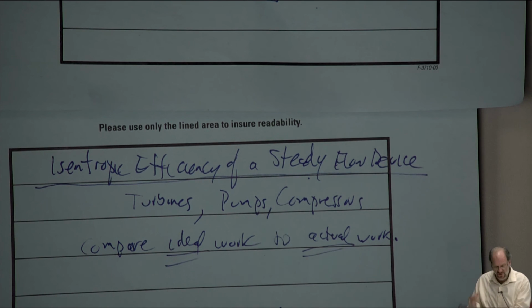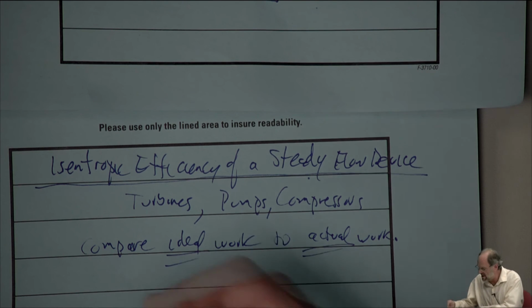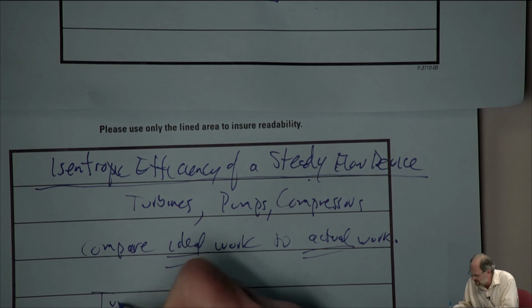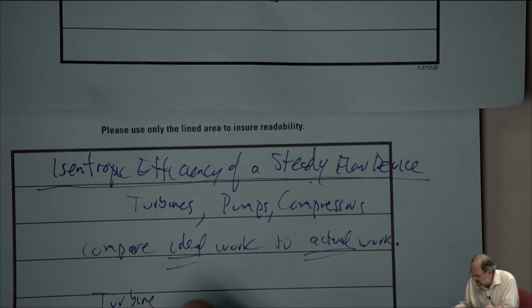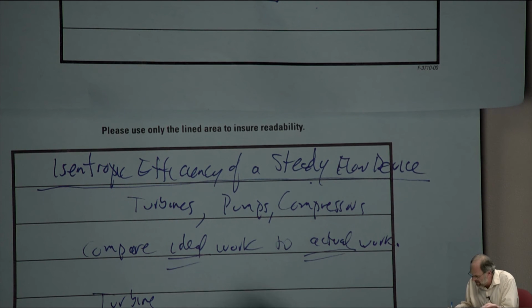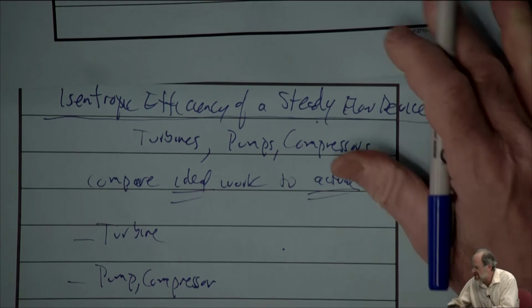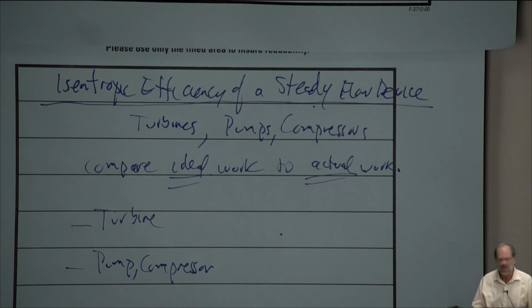There's really 2 isentropic efficiencies, one associated with the turbine and one associated with the pump or compressor. Please recall, as I mentioned before, that a pump and compressor are just names for the same device. A pump moves a liquid, a compressor moves a 2-phase mixture or a vapor, but they're work input devices, right?